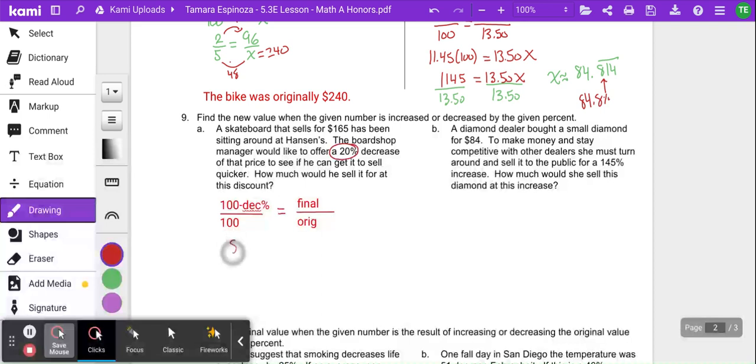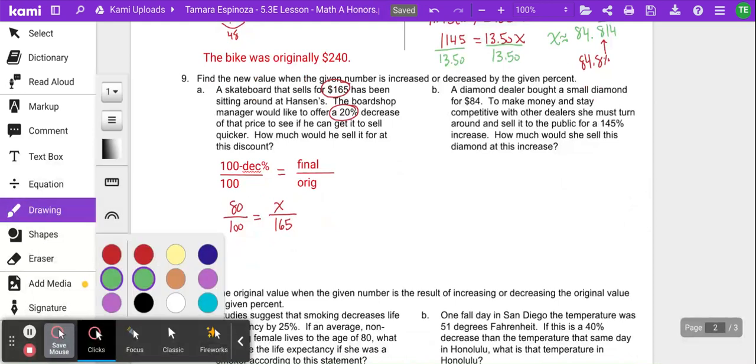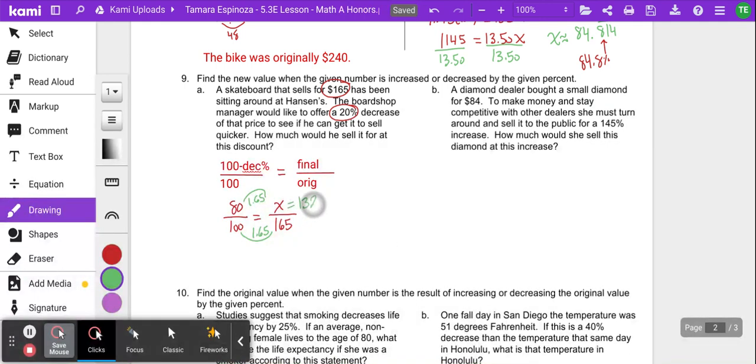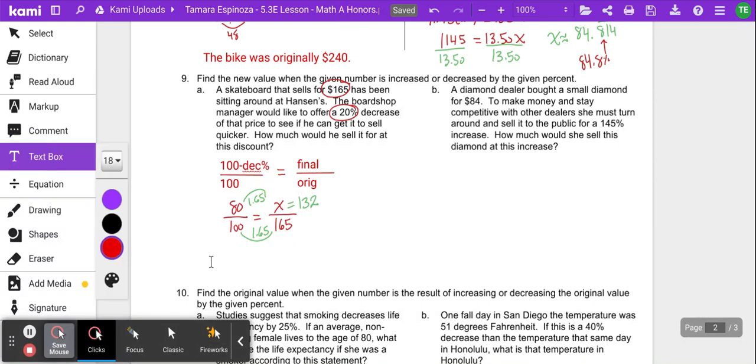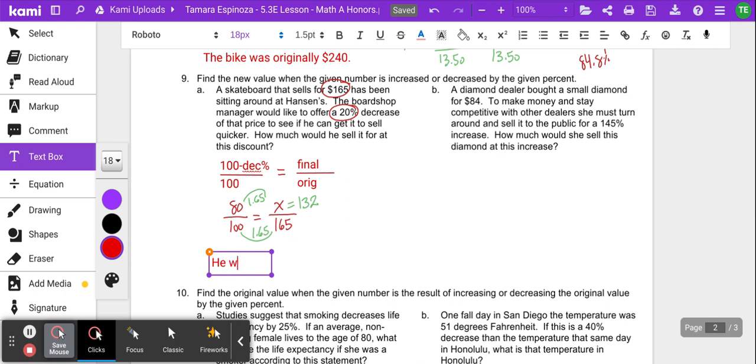So 100 minus 20 is 80. The original price was $165. We're looking for the final price. Okay, easy to scale up from 100. I'm multiplying by 1.65. 80 times 1.65, we get 132. So the final price would be $132. He would sell it for $132.